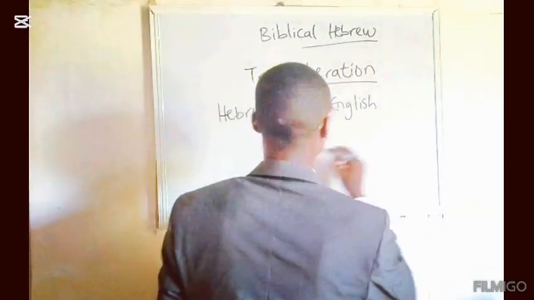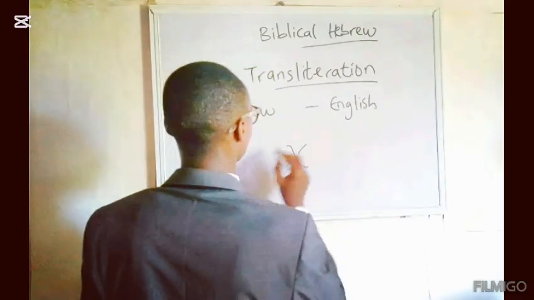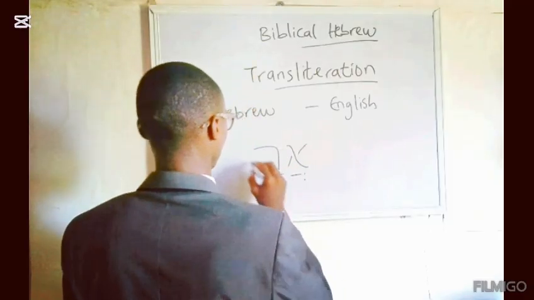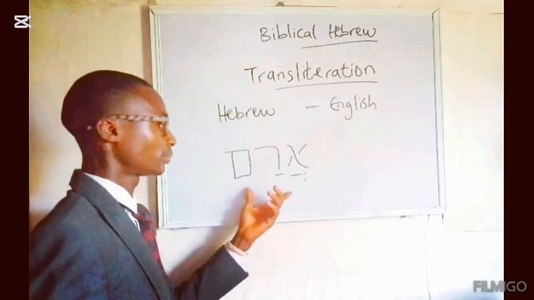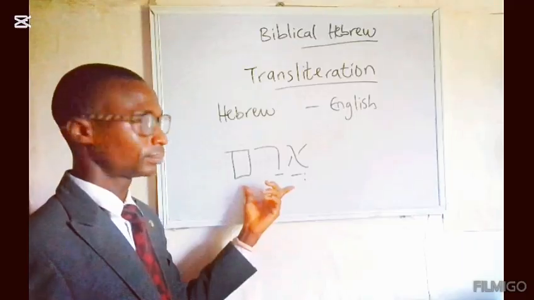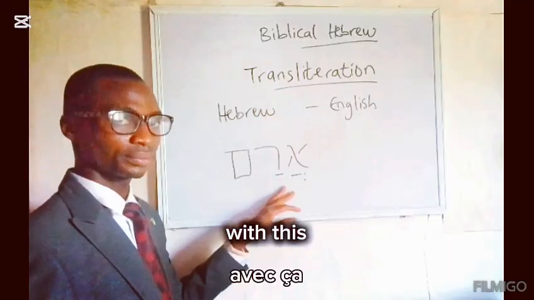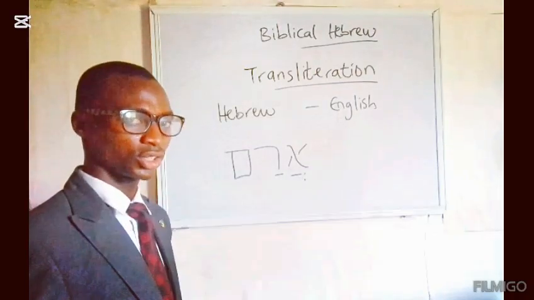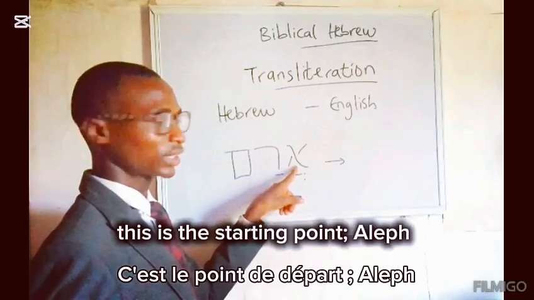We have haram. This is a Hebrew word. With this, we have to transliterate, write them using the English letters. This is the starting point I've said.